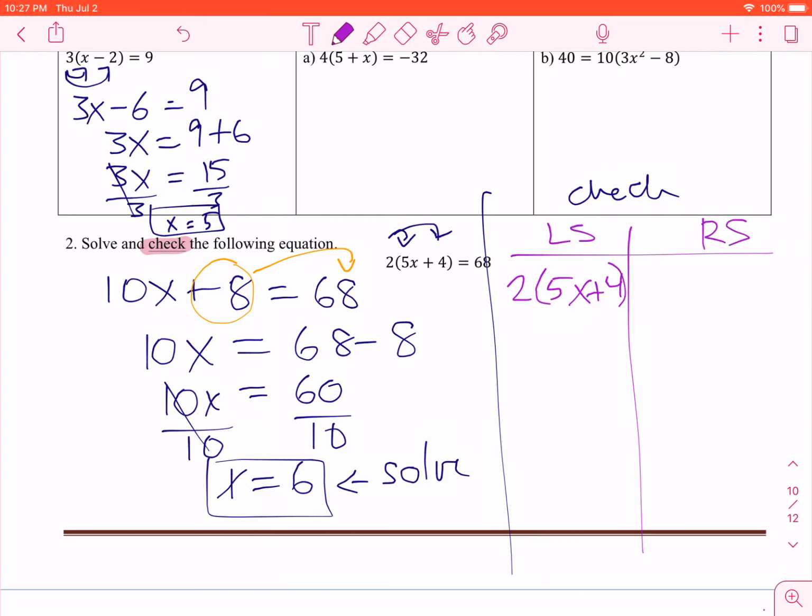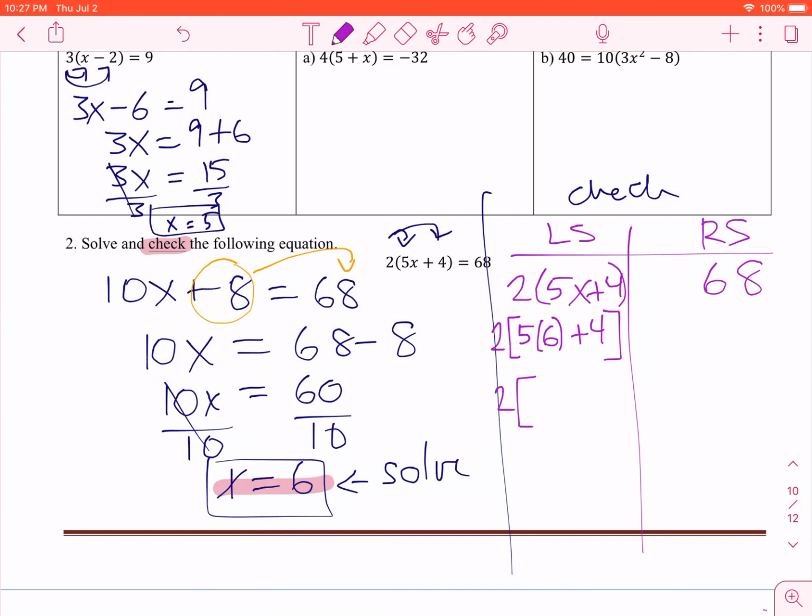And on the right side, I'm going to write what's on the right side, so in this case, just 68. We're going to take what we got as our answer, and I'm going to sub it in for x. Okay, so really what this reads is 2, open bracket, 5 times 6 plus 4.